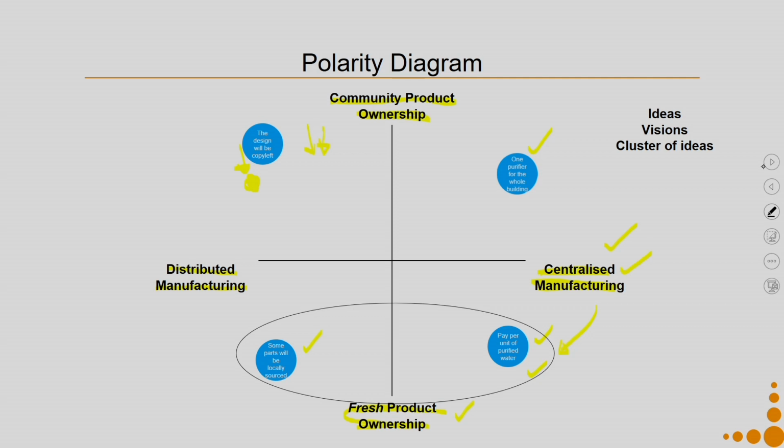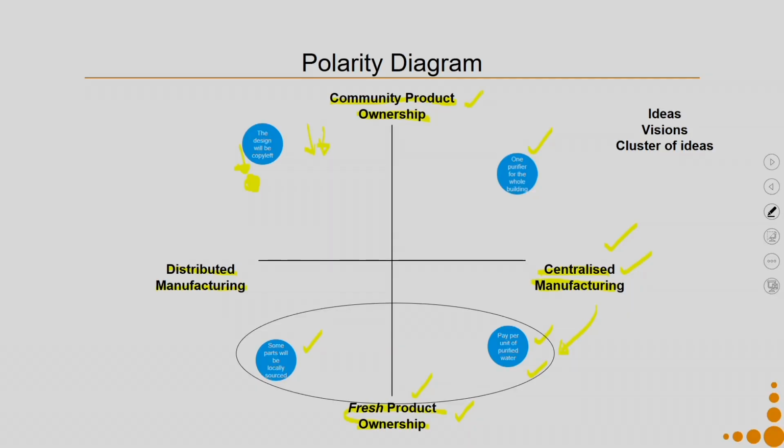You can identify many different types of polarities. So, you pick up one of these pointers. So, when I was saying that Fresh will retain its product ownership, I have to consciously think about what is the opposite. So, this is one of the opposites, there can be many other opposites. Say I say community product ownership, I can also say individual product ownership.